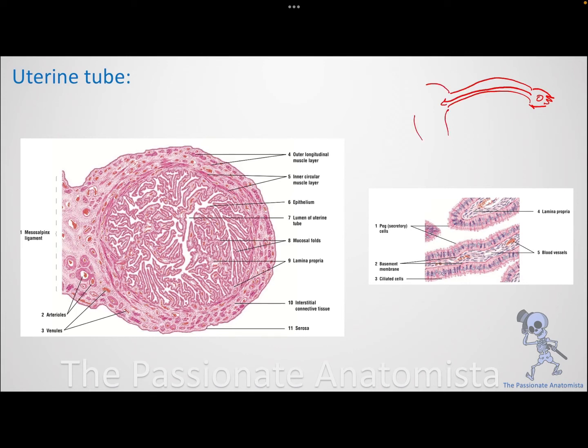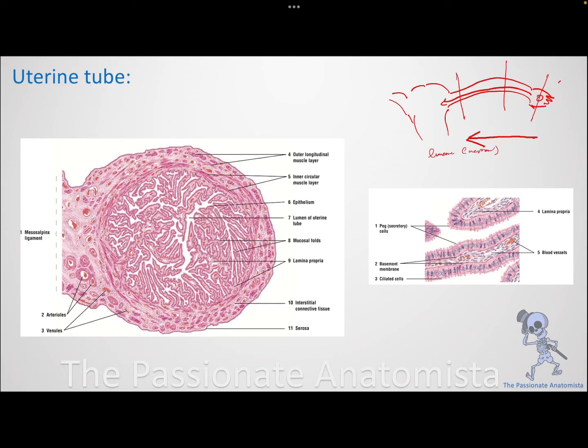And if I have a cross section at the level of infundibulum or ampulla or isthmus, there's gonna be a change as we come near to the uterus. What do you expect that change to be? Of course, think about it as structure explains function. First of all, the lumen is gonna be narrower. So the lumen is gonna be narrower. Why?